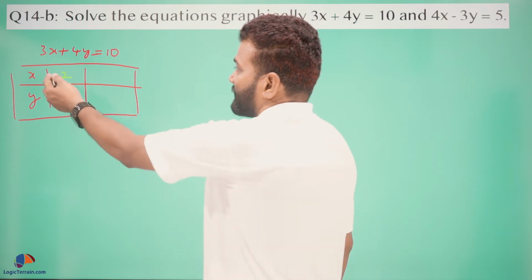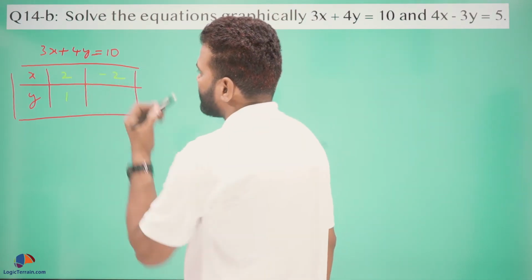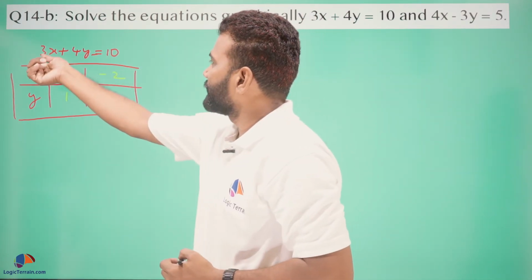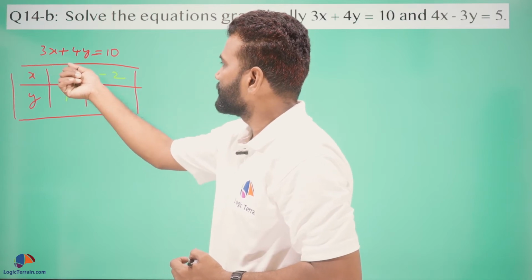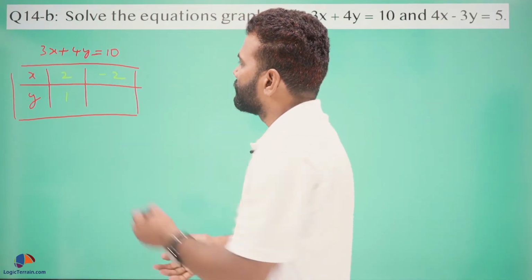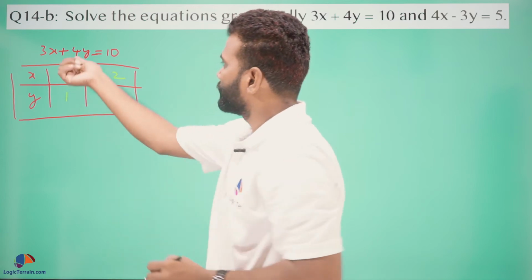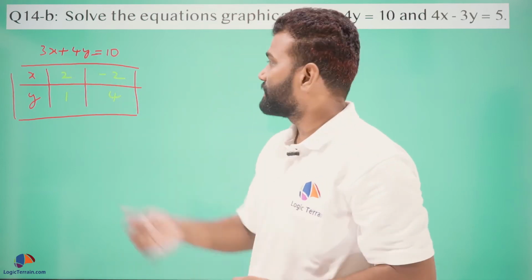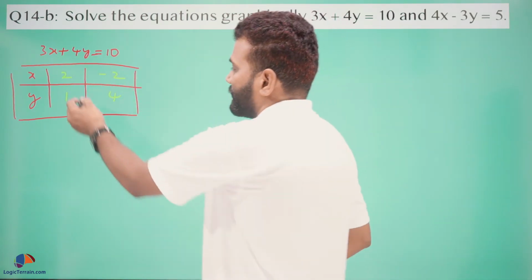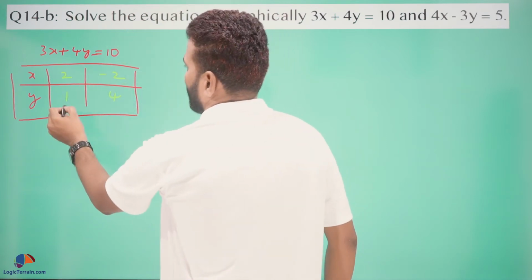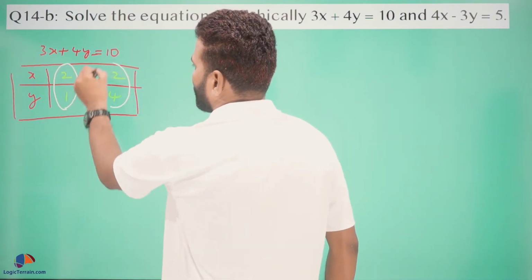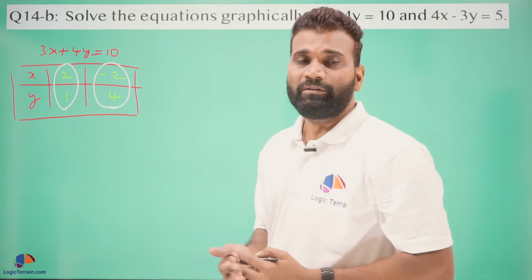Next, let x equal negative 2, for example. Then negative 2 into 3 is negative 6, so what must the y value be? y is 4, because 4 fours are 16, and 16 minus 6 gives 10. So here we got the ordered pair 2 comma 1, and another ordered pair negative 2 comma 4.